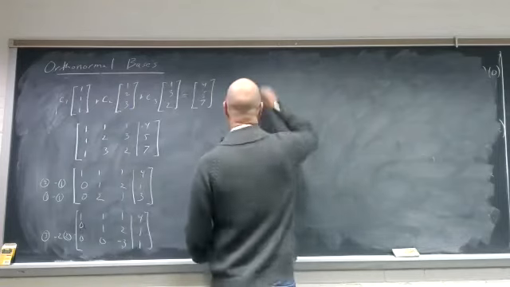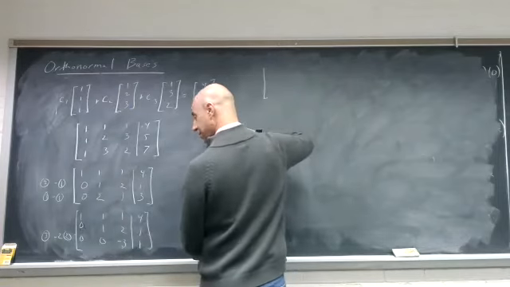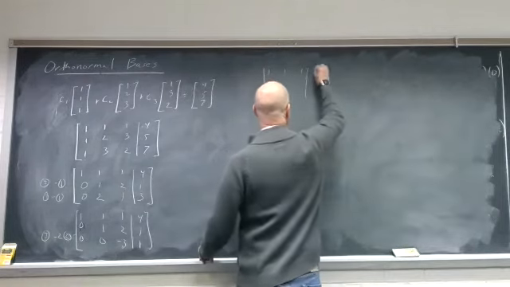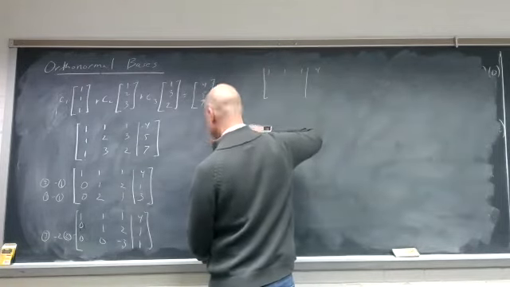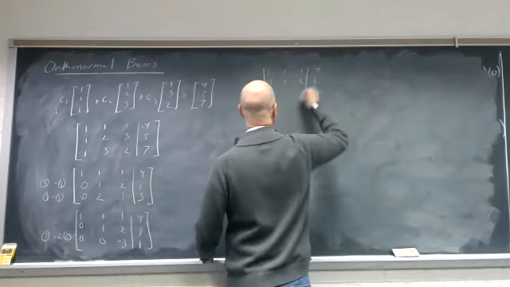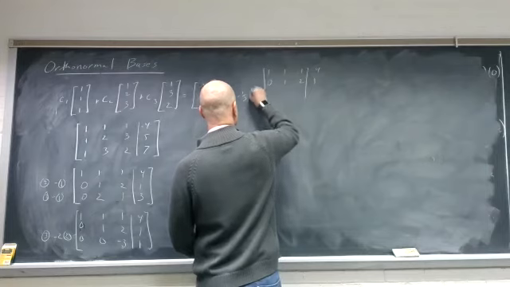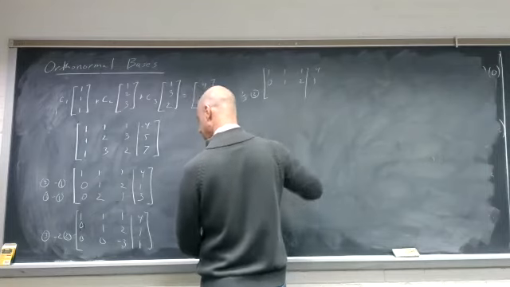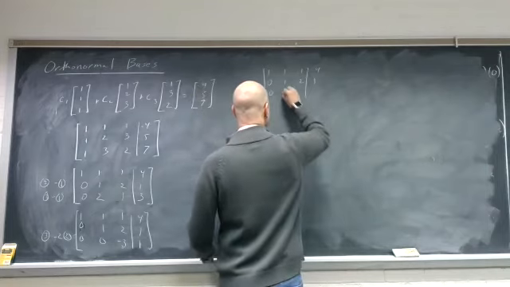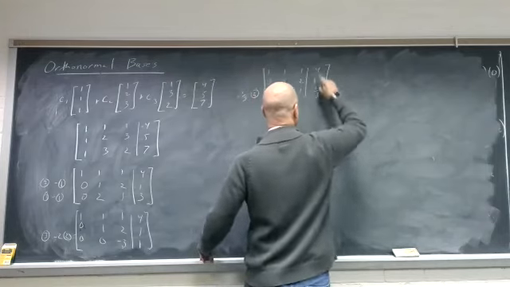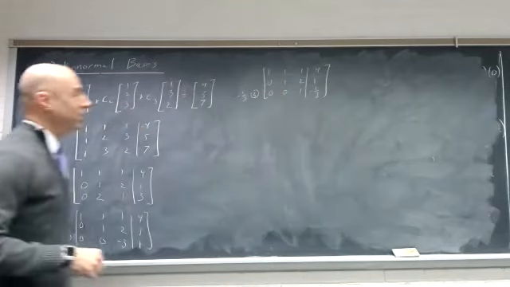So I'll take 1, 1, 1, 4, 0, 1, 2, 1, and minus 1/3 times row 3. So 0, 0, 1, minus 1/3. We can see our answers are going to have fractions in them.